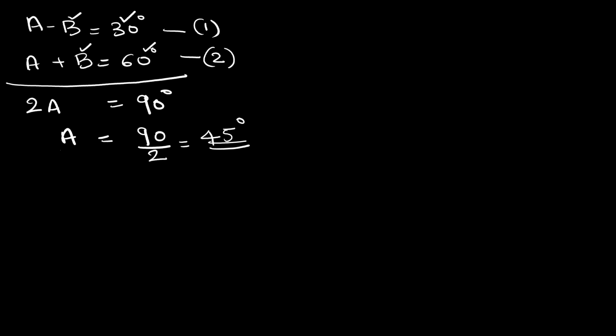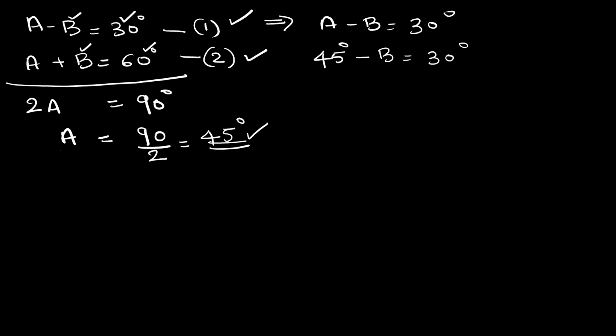Now to find B, substitute A in any of these two equations. I will substitute for A in this equation, A minus B equal to 30 degree. What is A? A is 45. So 45 minus B equal to 30 degree. Now take B to other side and 30 to this side.